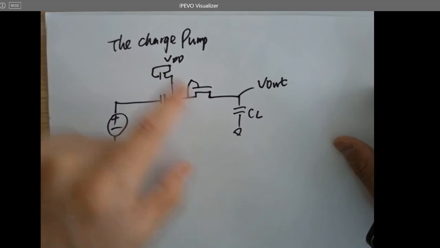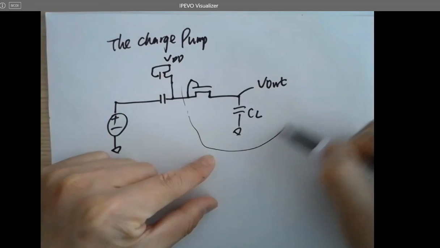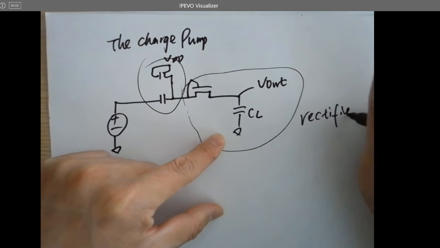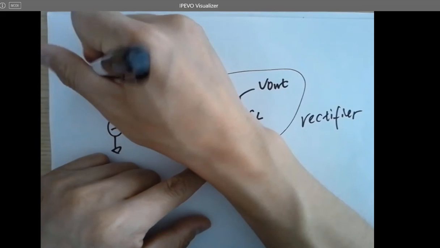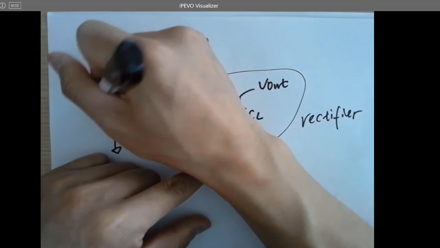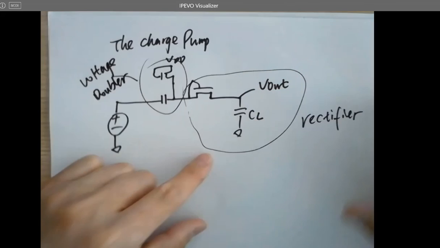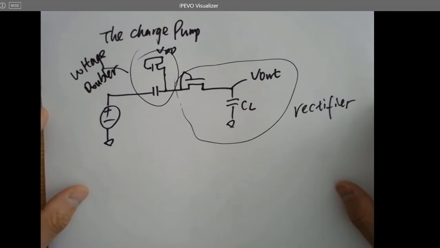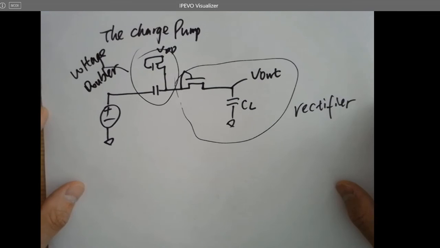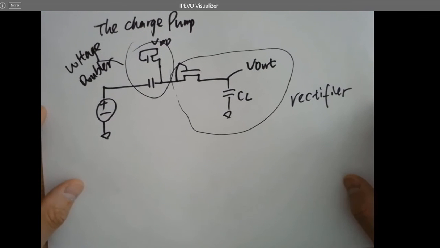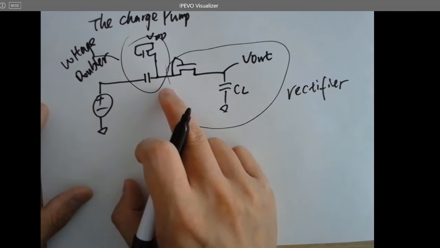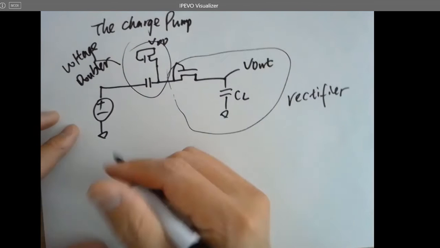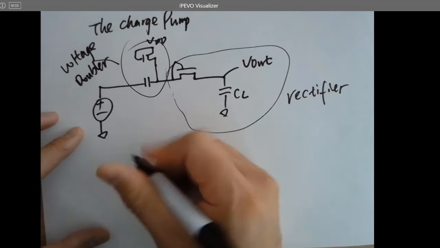Here's a diode, here's another diode, that's the rectifier, that's the voltage doubler. All right. You can see the exact same circuit from Dr. Baker's textbook. It's in a special IC design chapter.